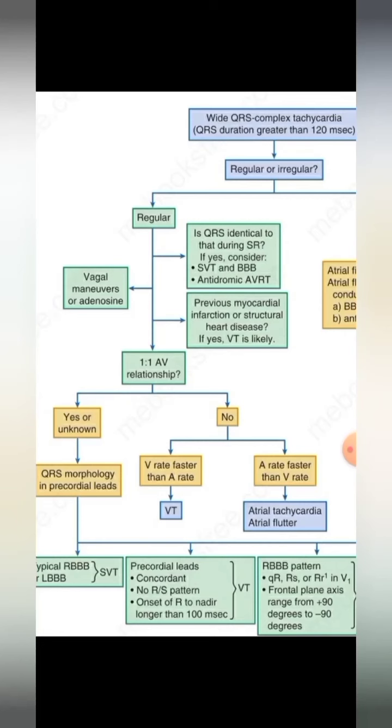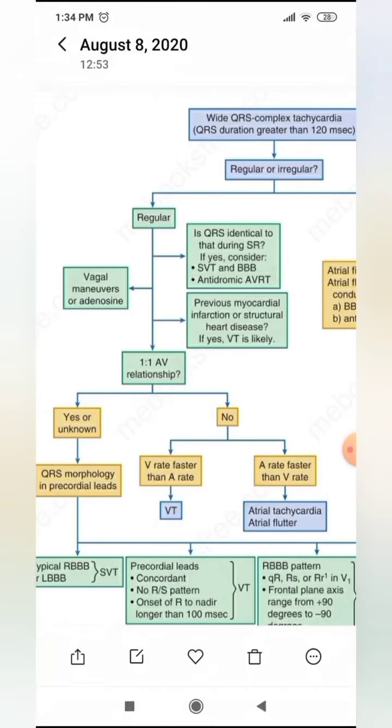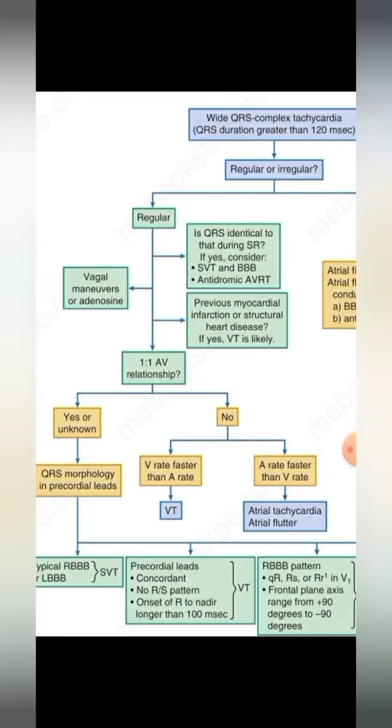It means that every QRS complex is followed by a P wave. If every one QRS complex is followed by one P wave, it's a one-to-one AV relationship. If it's not present and the ventricular rate is faster than the atrial rate, most likely it's ventricular tachycardia.